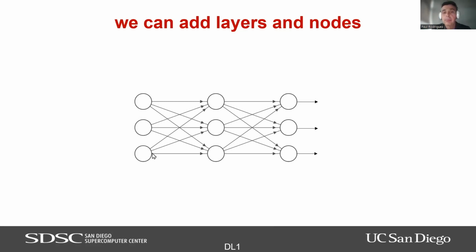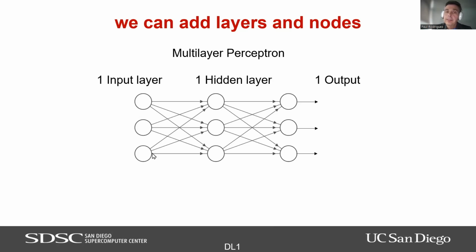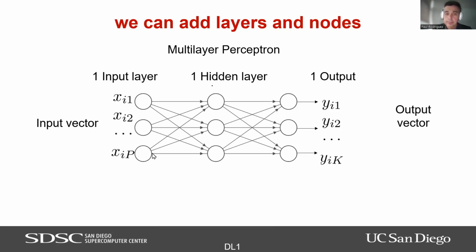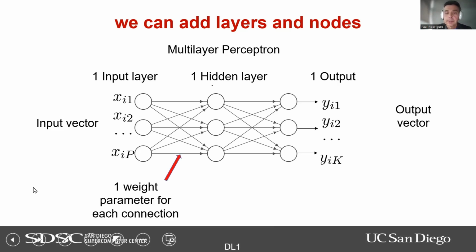There's input and output. And we can label these things as an input layer, a hidden layer, and an output layer. We have to keep in mind that our input layer is really an input vector. We're inputting one vector at a time. And our output is possibly an output vector, possibly just one target. Again, when I draw these arrows, they represent weight parameters.